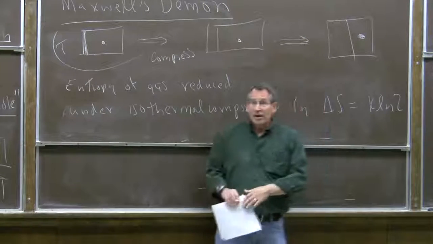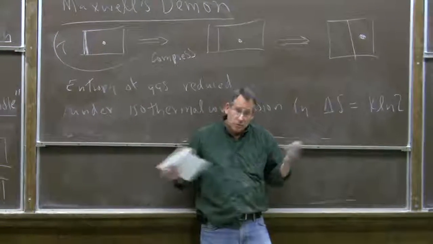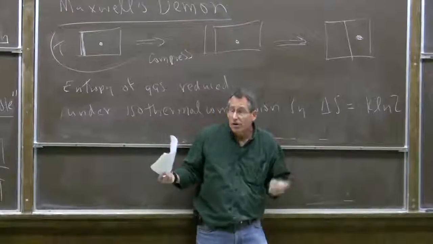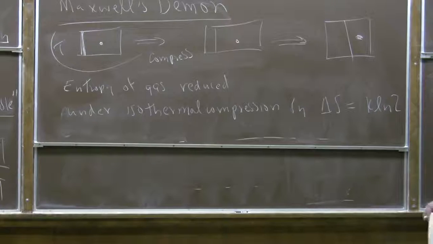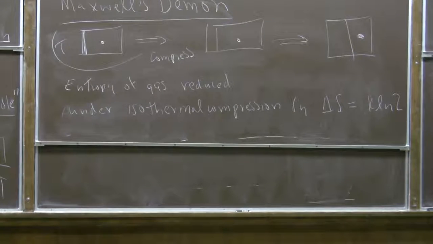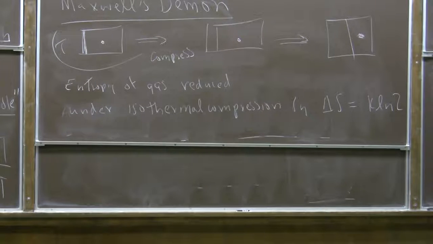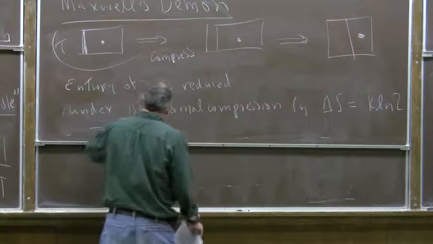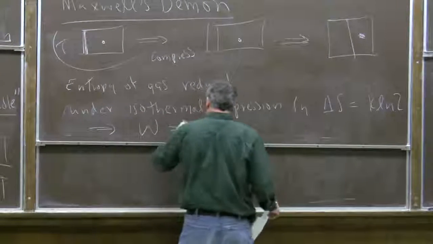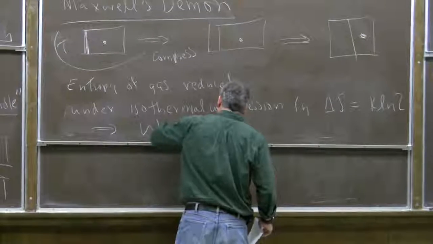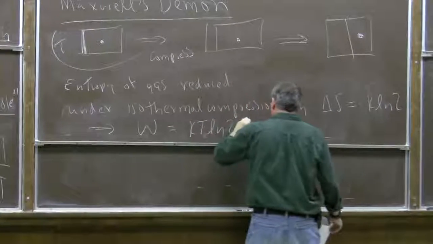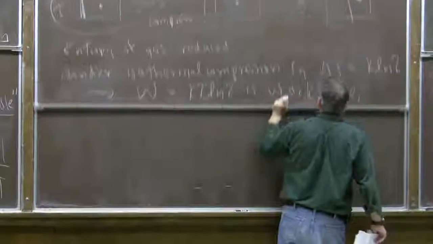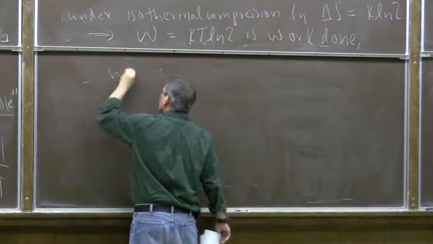So where does that entropy go? Well, where does it go? It goes back to the reservoir, right? Because I'm compressing, I'm doing work on the gas, but it stays at temperature T. So there's going to be heat flow from the gas back to the reservoir. So W equals kT log 2 is the work done, hence heat flow back to the reservoir.